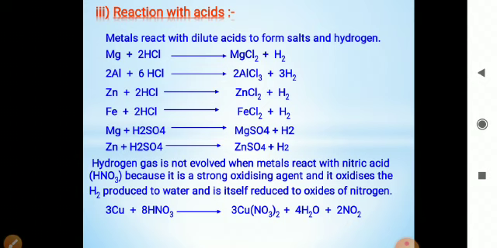It oxidizes hydrogen gas to water, and as it oxidizes hydrogen, it also gets reduced itself to different oxides of nitrogen. It can be nitrogen dioxide, it can be dinitrogen oxide, it can be nitrogen monoxide. Any of the oxides of nitrogen will be formed. So when metals react with nitric acid, hydrogen gas doesn't evolve.